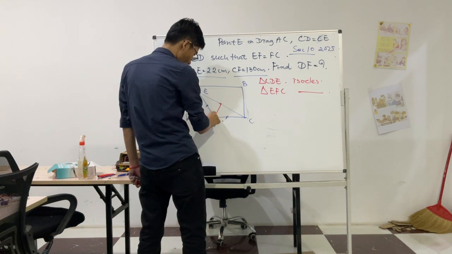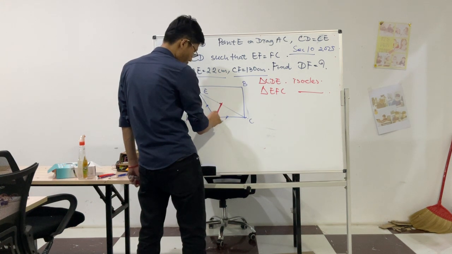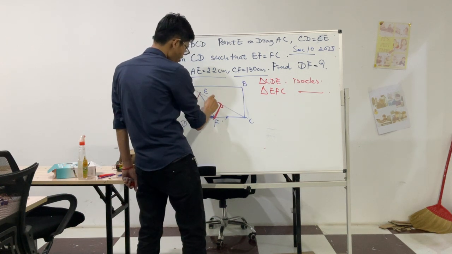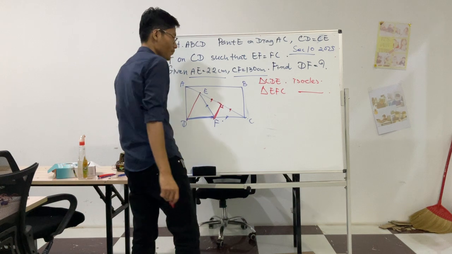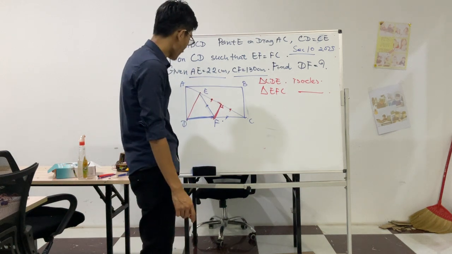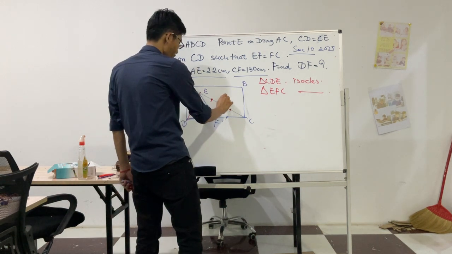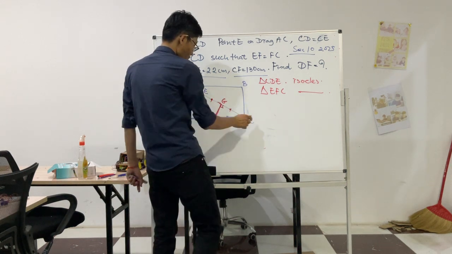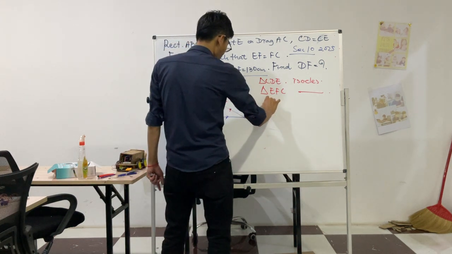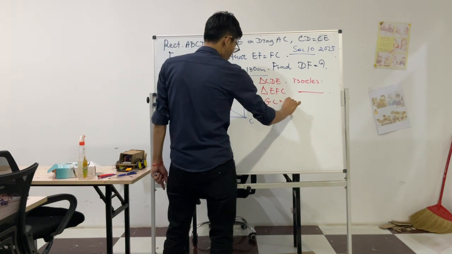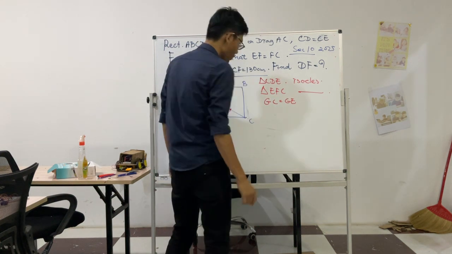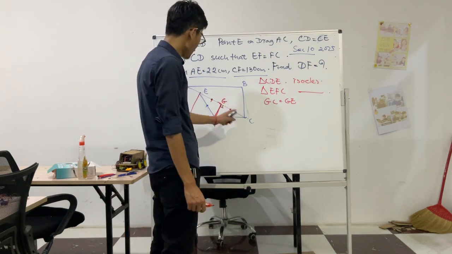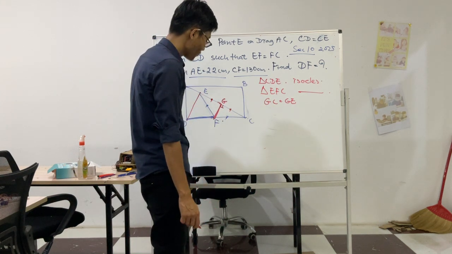So you can draw that one. This is perpendicular, and these two are equal. Let's call this point G. With this, we also get GC equal to GF.